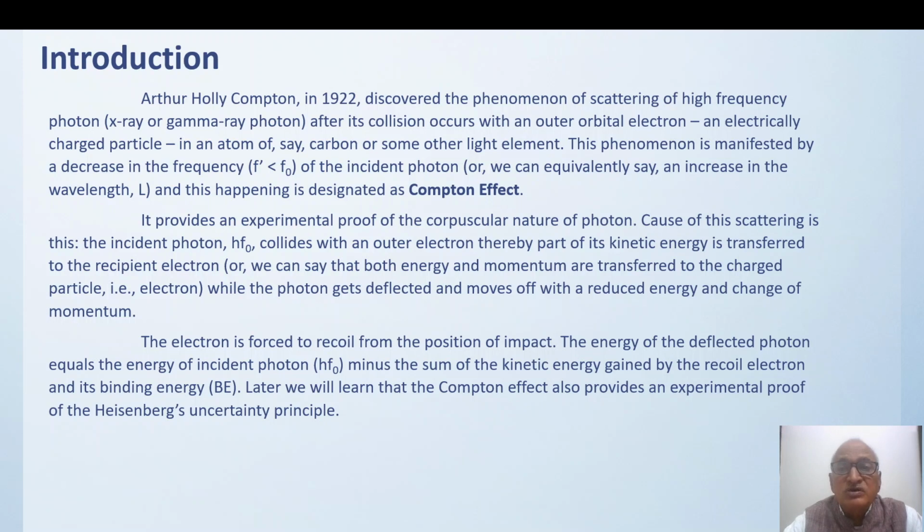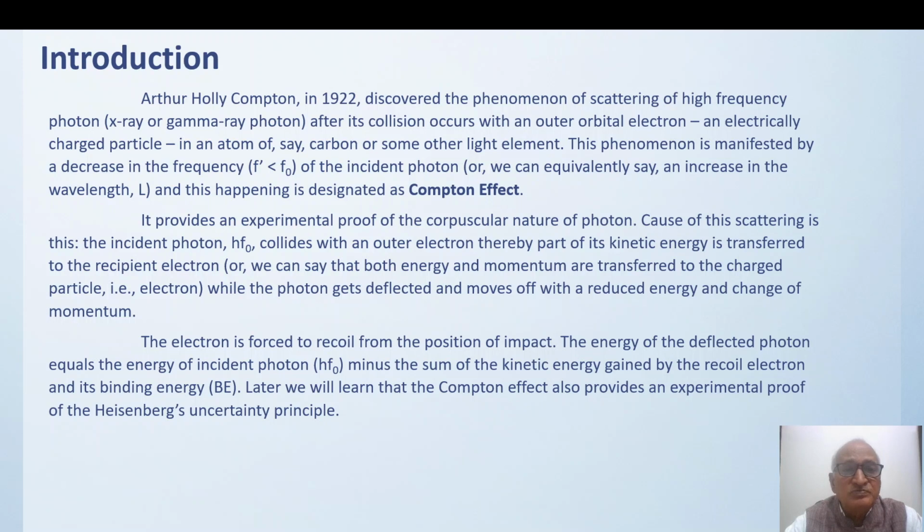What is the cause of Compton effect? Cause of this scattering is this. The incident photon, written as h f0, where h is Planck constant, collides with an outer electron. Thereby, part of its kinetic energy is transferred to the recipient electron.